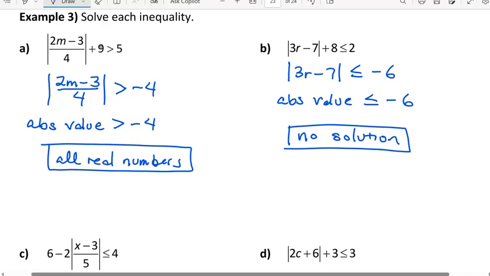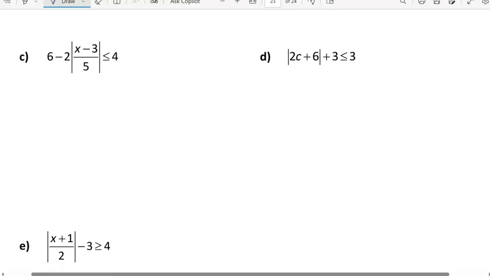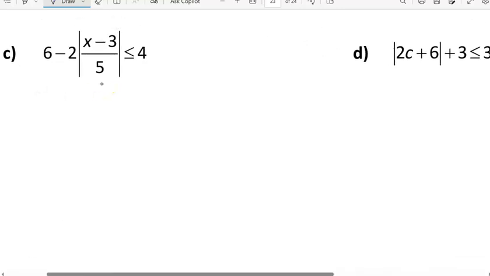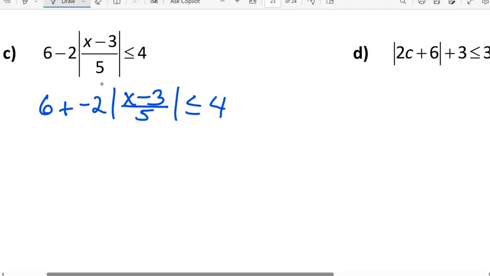Okay, in C, we're going to think of this as 6 plus negative 2 times the absolute value of (x minus 3) divided by 5, less than or equal to 4. This will help us remember what operation to do first. We're going to subtract 6 from both sides.